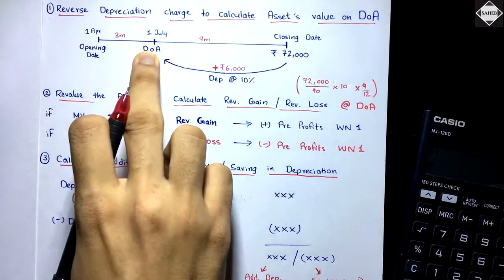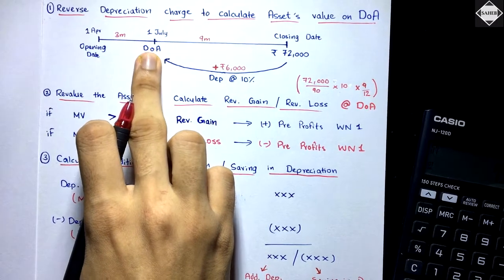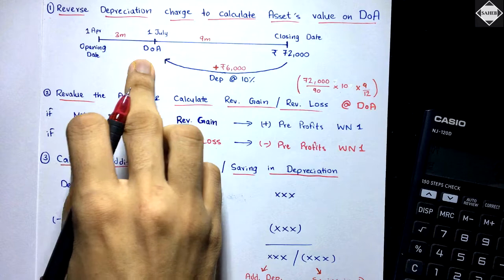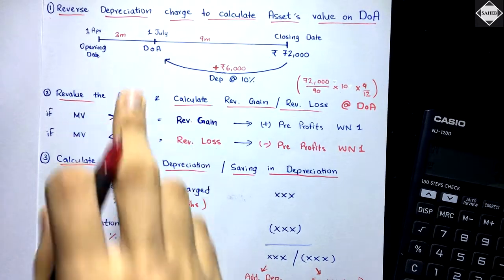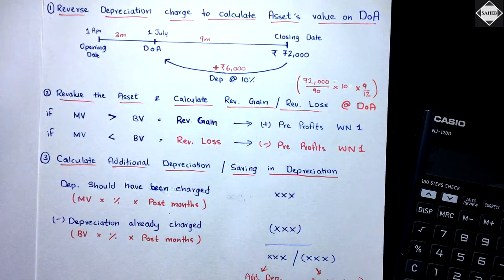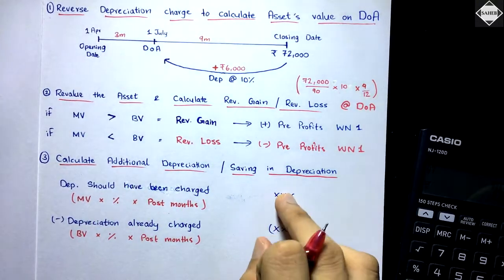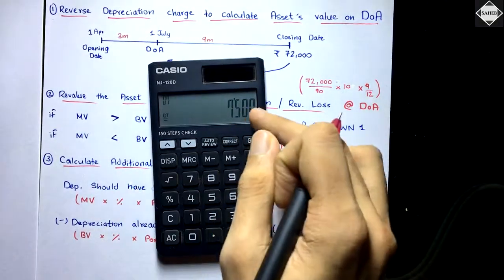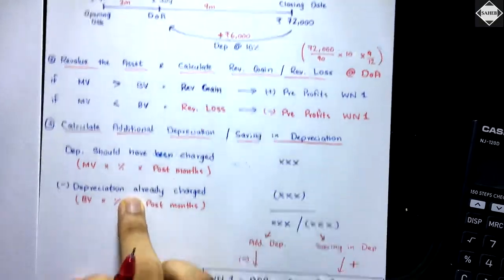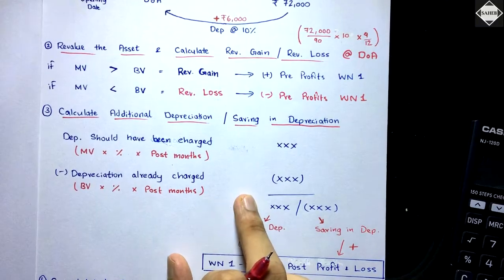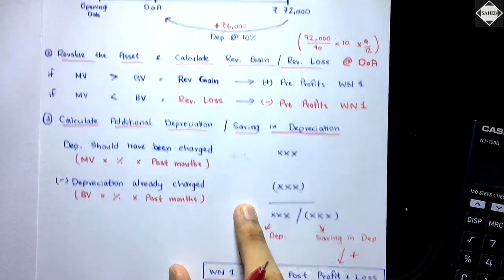When you revalue the asset, what does AS10 say? You have to charge the depreciation on the revalued amount. So this depreciation should have been charged, and how much is that? 7,500. You just have to compare this, the depreciation that should have been charged, with the depreciation that already has been charged. What depreciation already has been charged? 6,000.